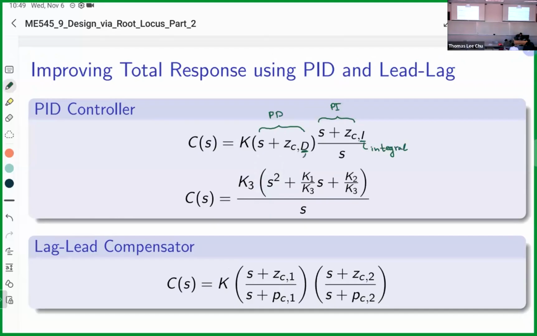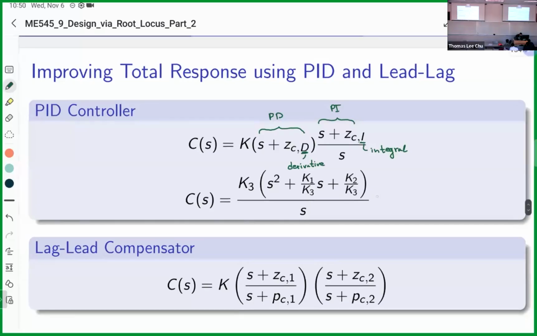And when you multiply this all out, you can actually rearrange it to this form here. This is a more common form that you can formulate in MATLAB. But I'm just giving you both forms because that's what's given in the textbook.